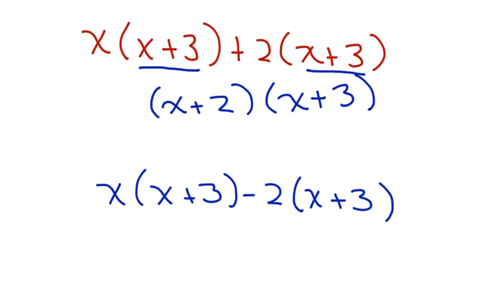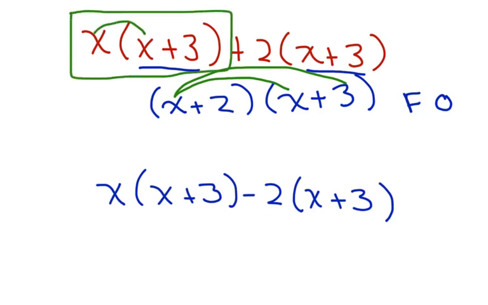Now, if you think about FOIL, what are we doing when we FOIL? We first do first and then outer, which is first, we multiply x times x, and then x times 3. Isn't that what this is right here?